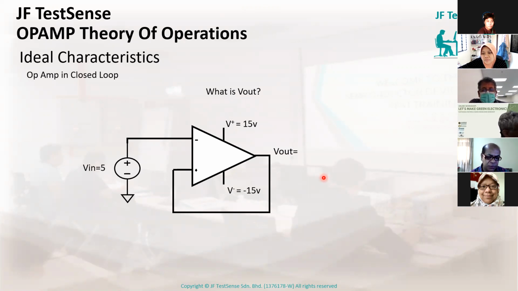You are using which mode? Maybe your circuit is wrong. Maybe. That is what I want them to tell me. Yeah, because you cannot feed back to the non-inverting input. You must feed back to the inverting input. That means the minus terminal is fed back and the input is given directly to the positive.